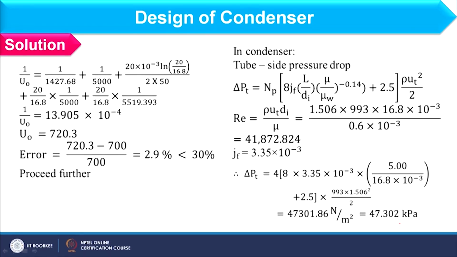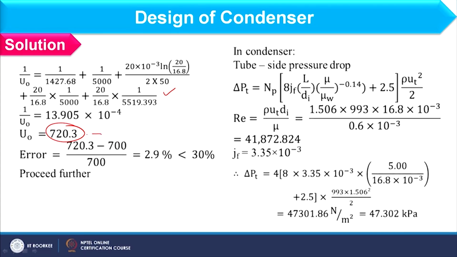Okay, and this equation we have discussed in shell and tube heat exchanger design as well as double pipe design also. So, you can apply this. You can consider this equation with different terms, and the overall heat transfer coefficient I found as 720.3 watt per meter square degree Celsius. Okay.